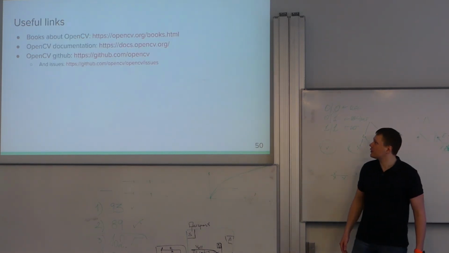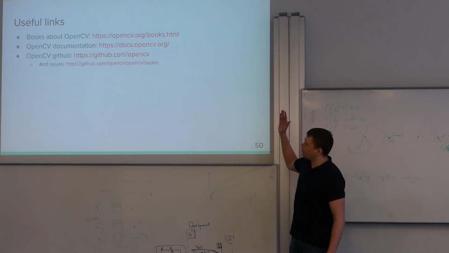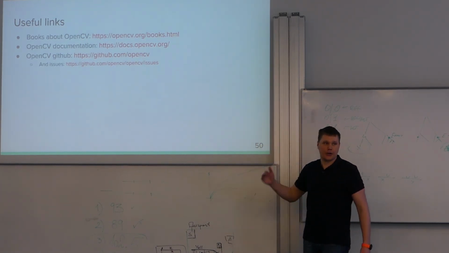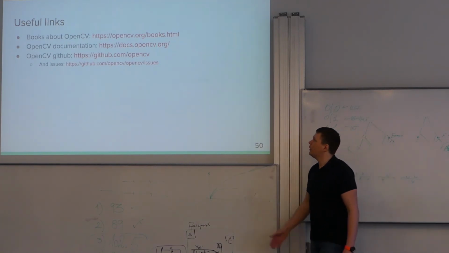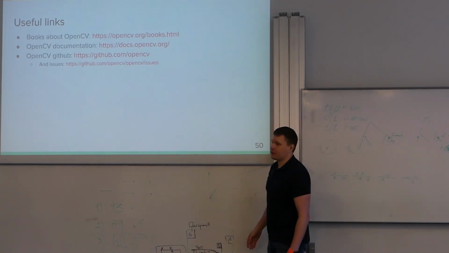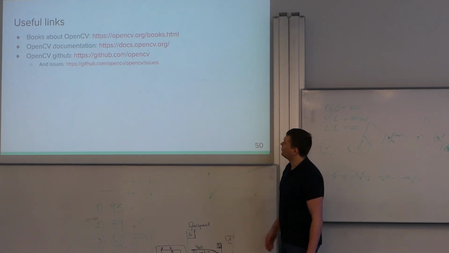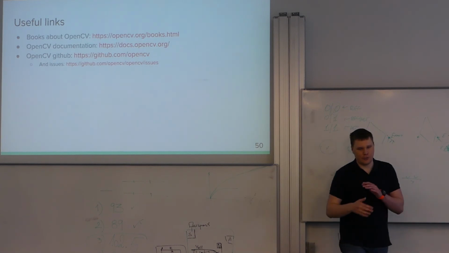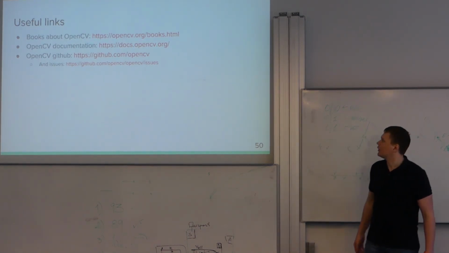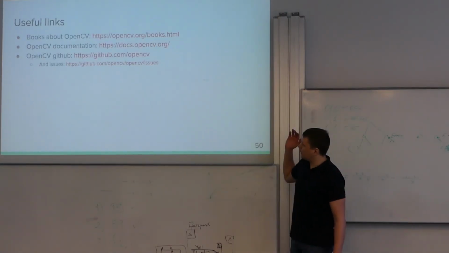So, useful links. OpenCV has a special page about books, and you can find this book from Adrian Kaehler and Gary Bradski there, and also other useful books. Also the OpenCV documentation, but I think if you Google something, you find it easily. And the OpenCV GitHub.